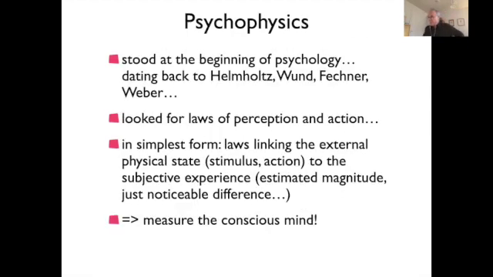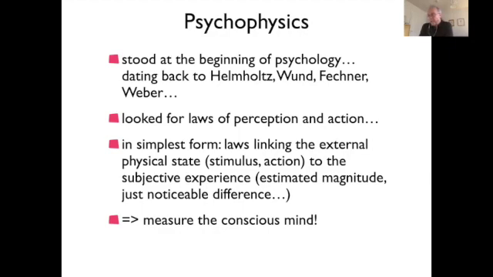So at the very start of psychology was really psychophysics. Helmholtz, Wundt, Fechner, a lot of German psychologists were very influential at that early stage. And what they did is they looked for laws of perception, laws of action, in physics down to the simplest form.